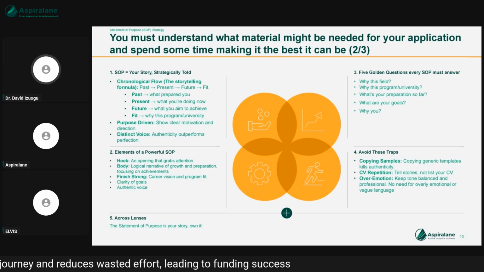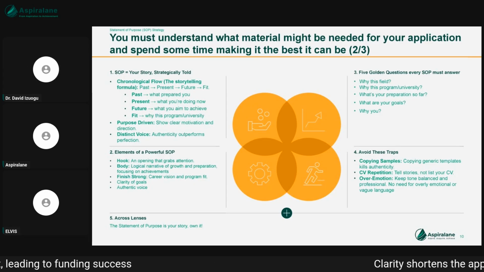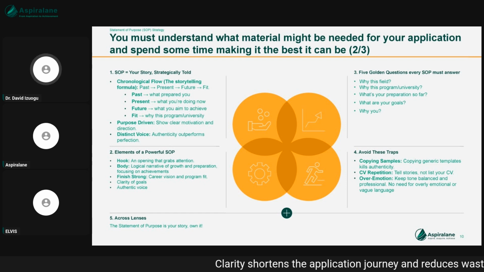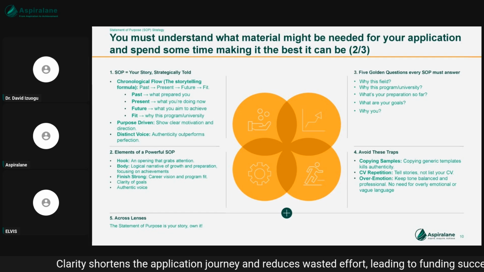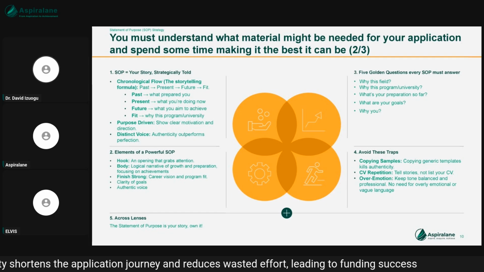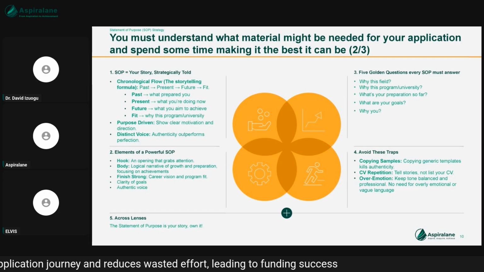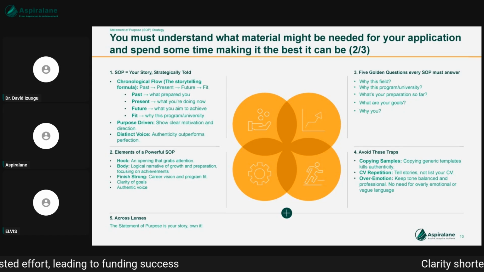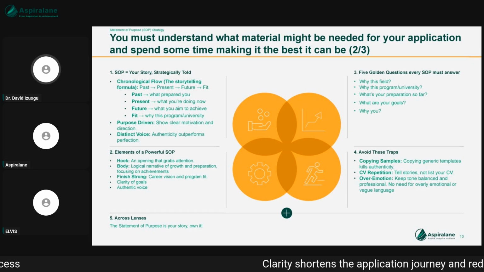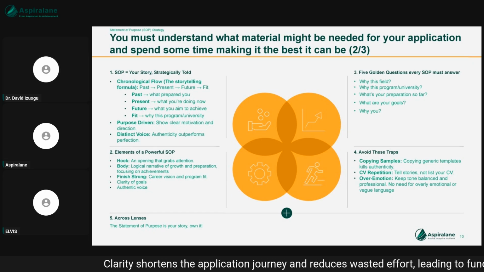The next is now the SOP. And usually I call the SOP your story strategically told. It's your story, so you need to own it. But you also need to own how you tell that story. And here, just like we did in the CV, there are 4 categories we want to focus on.